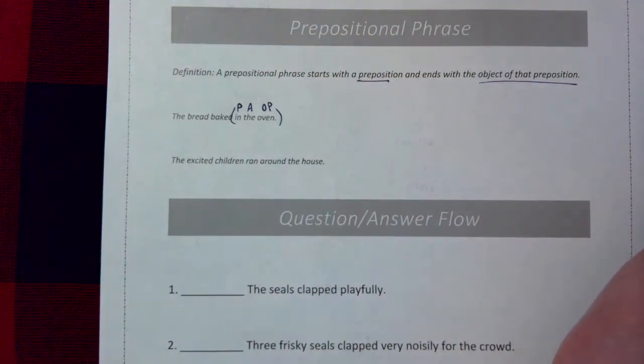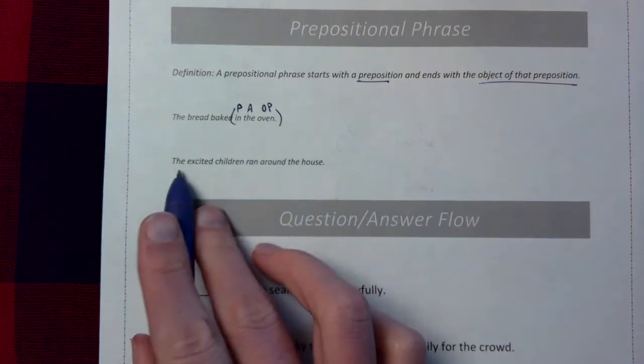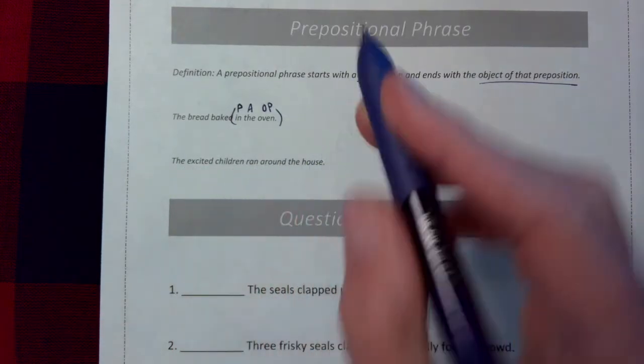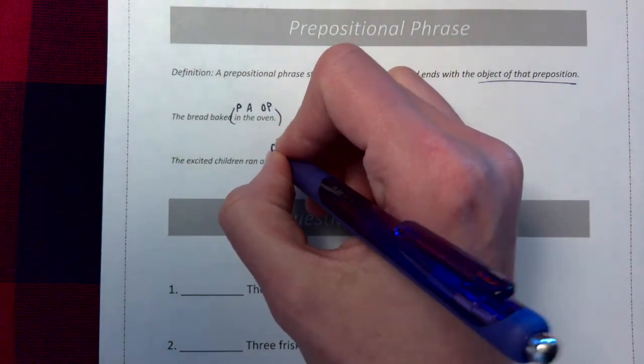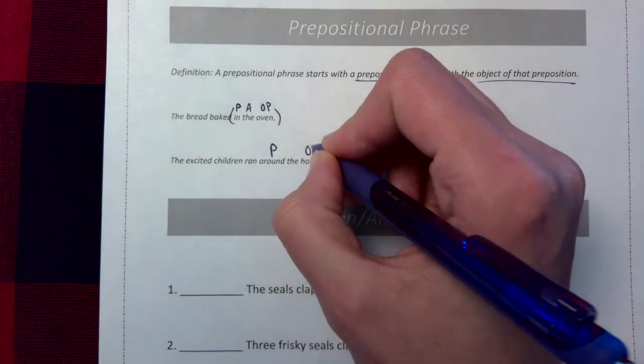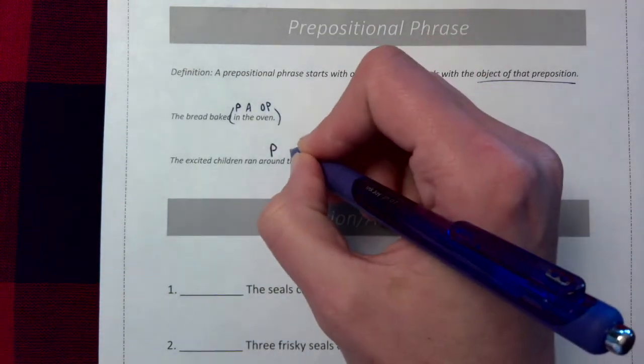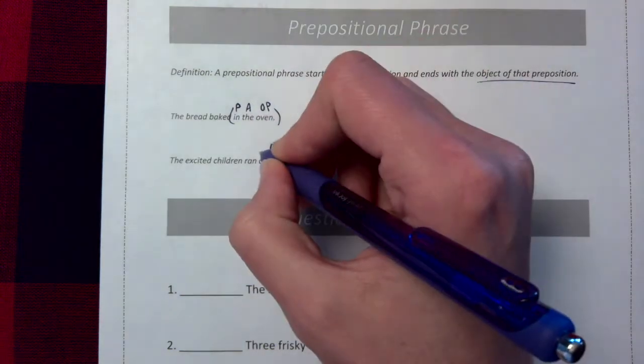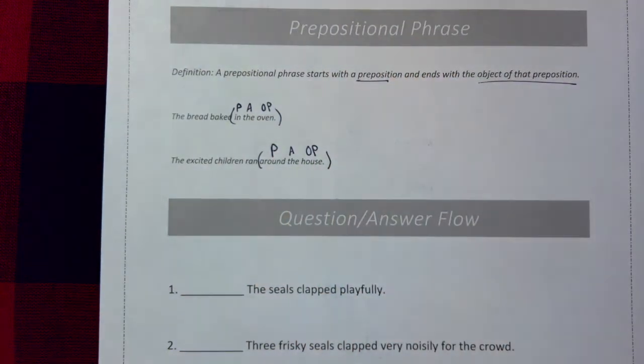That's a prepositional phrase. Where's the preposition here? The excited children ran around the house. Well, around was our preposition. House is our object of the preposition. And the is just an article adjective. Go ahead and put parentheses around that guy. All right? So remember, a preposition is never used alone.